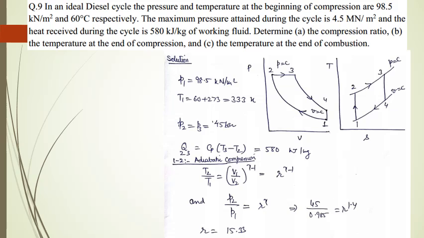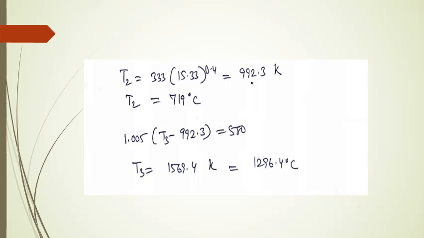So now we have divided these two expressions in order to get the value of the compression ratio, and that comes out to be 15.33. Now the value of T2 comes out to be 992.3 Kelvin.